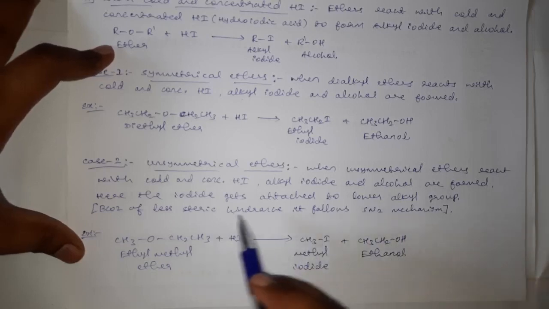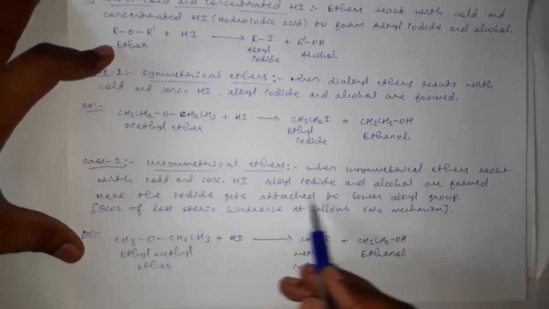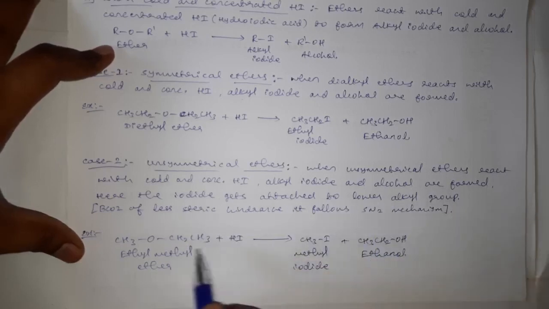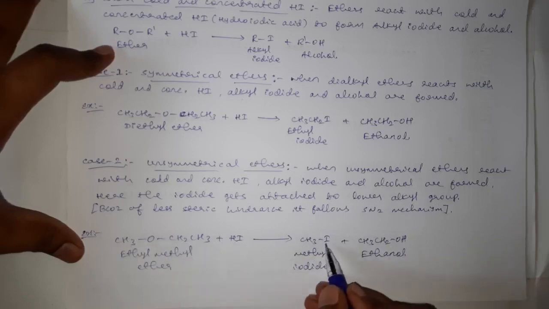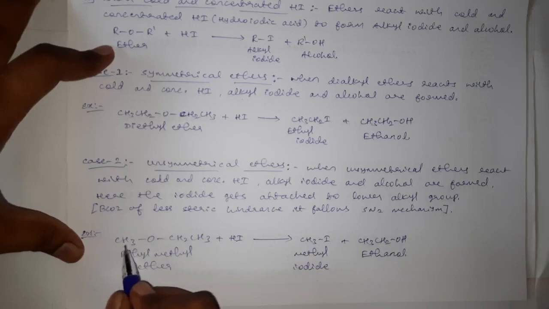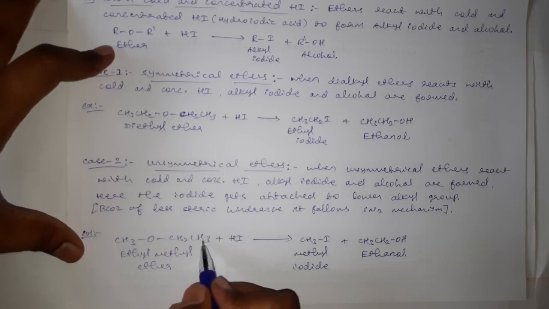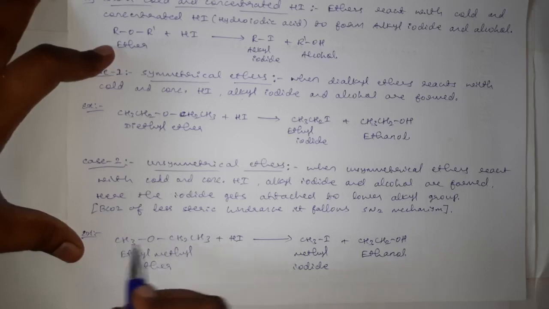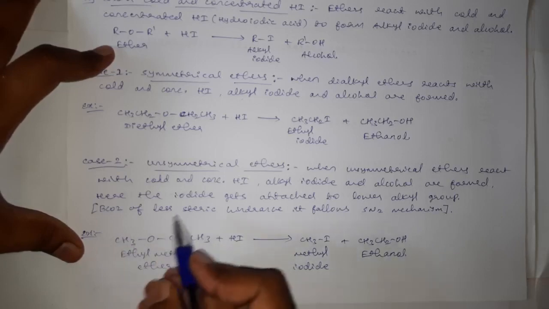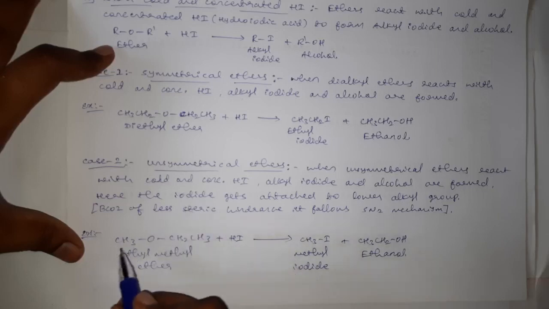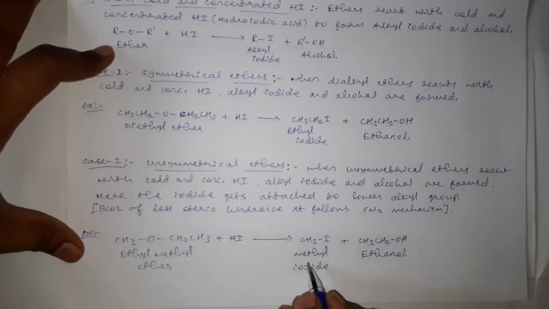Correct? And as I am telling, the iodide gets attached to the lower alkyl group. Here between ethyl and methyl, methyl is the lower alkyl group, and because of low steric hindrance on this group, here only 3 hydrogens are there. Here 2 hydrogens with one bulkier group, that is methyl group, is there. Therefore here low hindrance is there. Hence the iodide gets attached to this lower alkyl group to form iodide.